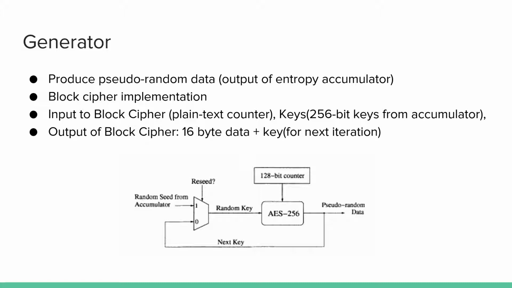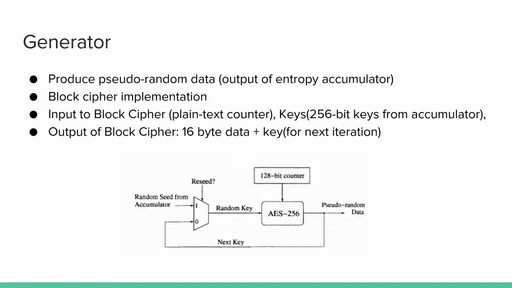Following the entropy accumulator stage, the next stage is the generator. The generator first takes in a fixed size random seed from the entropy accumulator and produces arbitrarily long sequences of pseudo-random data. The generator consists of a block cipher in counter encryption mode, and this implementation, as chosen by the paper that we referred to, used an AES 256 block cipher.